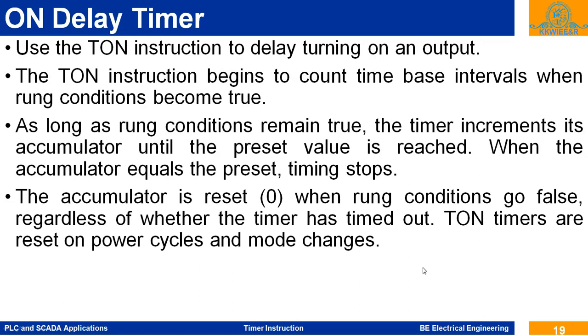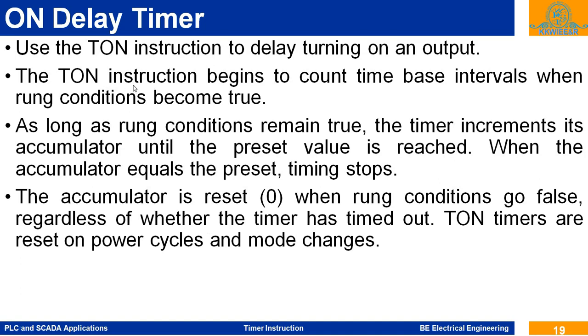Now we see the operation of on delay, off delay, and retentive timer. Okay. How the done bit, TT bit, and enable bit function. So first we see the description, and then we go to the timing diagram. Okay.